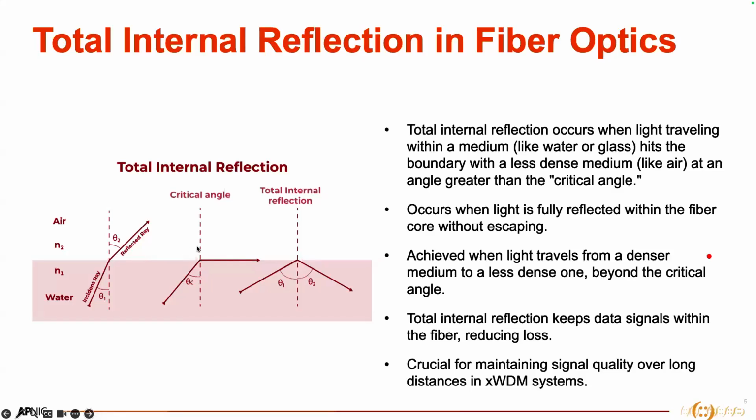This angle of incidence is called the critical angle, right? Critical angle. And if light is thrown at a greater angle than the critical angle, then this light comes back into the same medium. It doesn't go into the other medium, right?